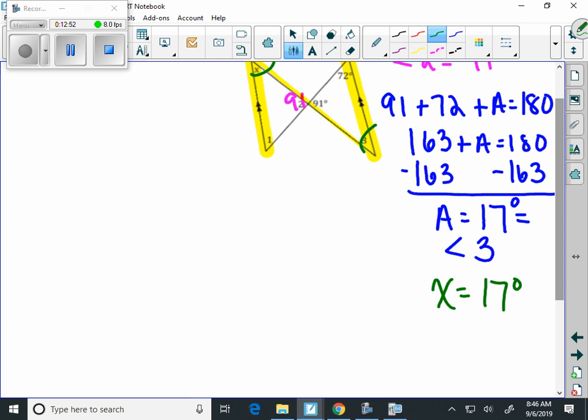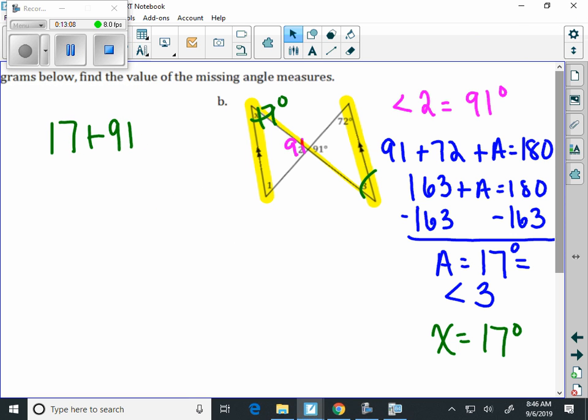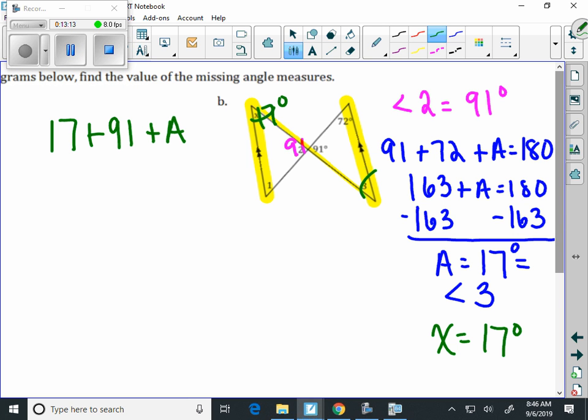And that's going to allow us to find our last value, which is, because this is 17 degrees, we now know 17 plus the 91. We don't know angle 1, and actually let's move this up here, the space. 17 plus 91, again, I'm going to call this angle A. We're looking for angle 1, equals 180.